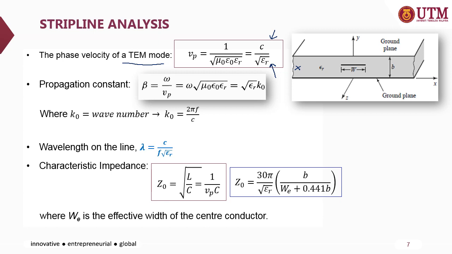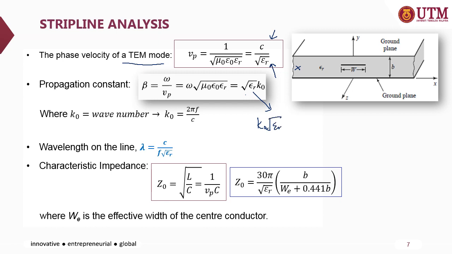Since the strip line is sandwiched between two parallel metal ground planes, the propagation constant beta is equal to the square root of epsilon R times k naught.